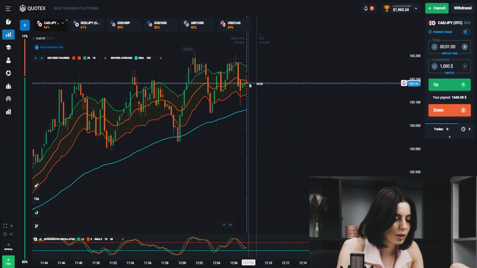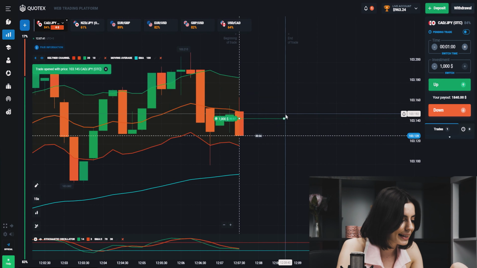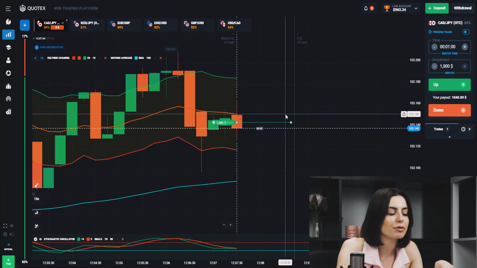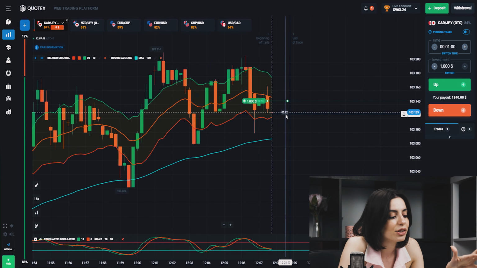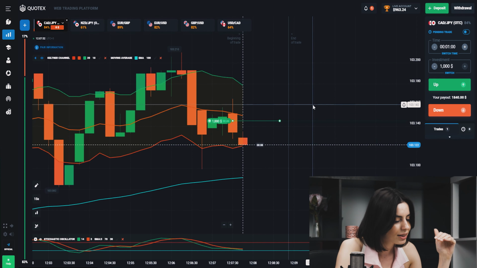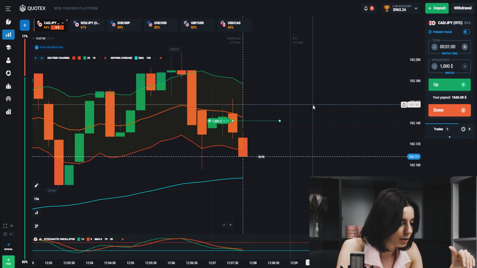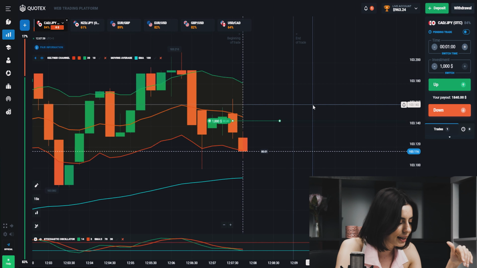What I want to tell you more about this moving average with this period, this EMA, is that it works better for longer bets, not 1 minute like I trade, but for 5 minutes or even longer. Here we are expecting the chart to be higher than that level.